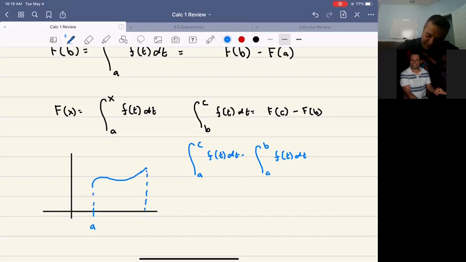So we imagine we have b here and, actually, I have c here and b here. So what is it that we're saying? From c to b equals the area from a to b minus the area from a to c. Okay, all right, easy as pie. And by that, I mean easy as 3.14159, blah, blah, blah.